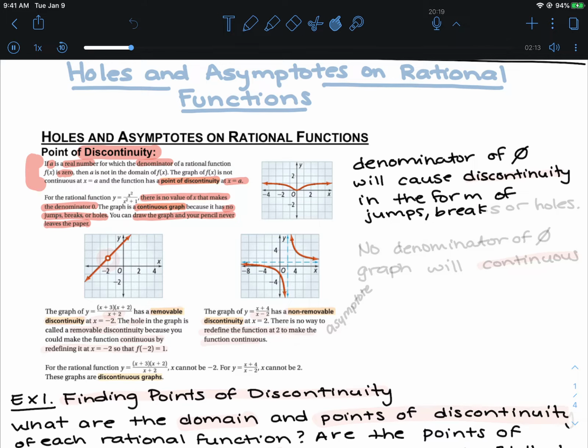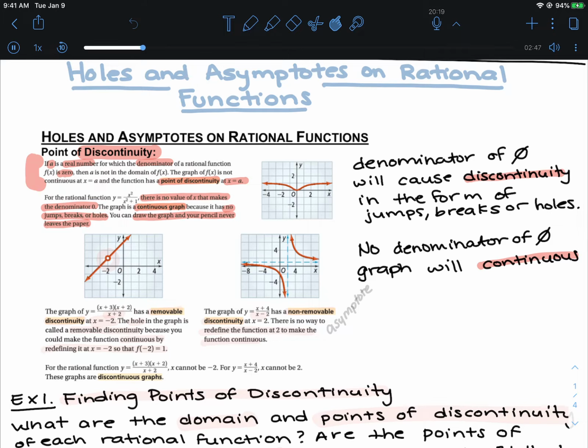Okay. Now when you have no denominator of 0, the graph will be continuous. These are two important main points. When you have a denominator equal to 0, you're going to have discontinuity. When you have no denominator equaling 0, the graph will be continuous.